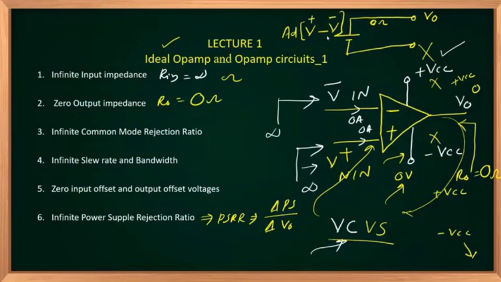That implies your op-amp always amplifies the difference of the signals, V plus, the signal at the non-inverting input, minus V minus, the signal present at the inverting input, by a gain AD. That AD is called the differential gain.